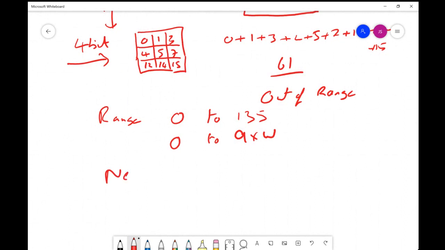We need a range of 0 to 15 to display the filtered image on our imaging system. The imaging system pixel resolution is fixed. It's 4 bits. Absolute white is 15.